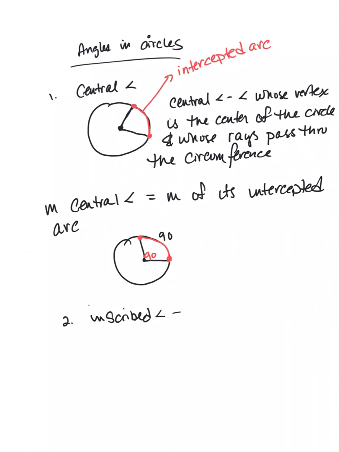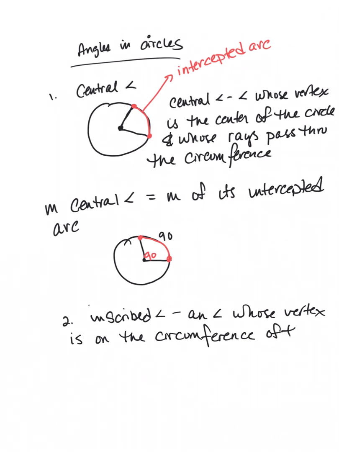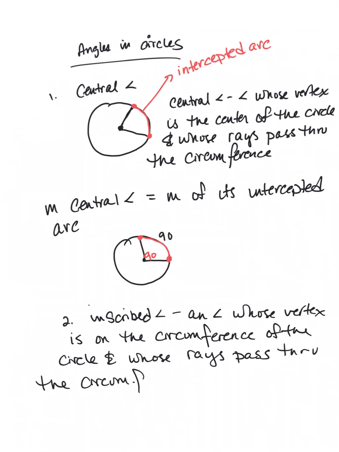So an inscribed angle is an angle whose vertex is on the circumference of the circle and whose rays pass through the circumference. Okay, I'm being informal with my "through."